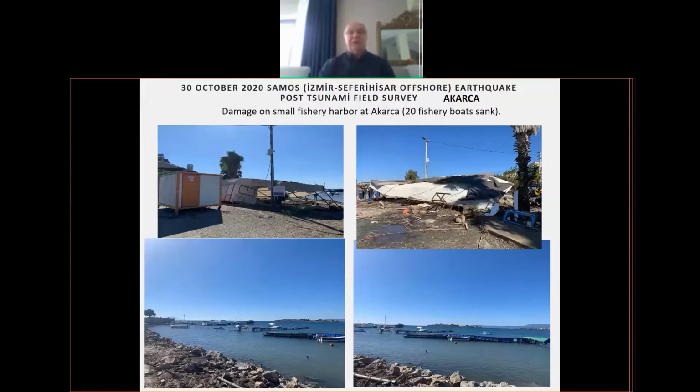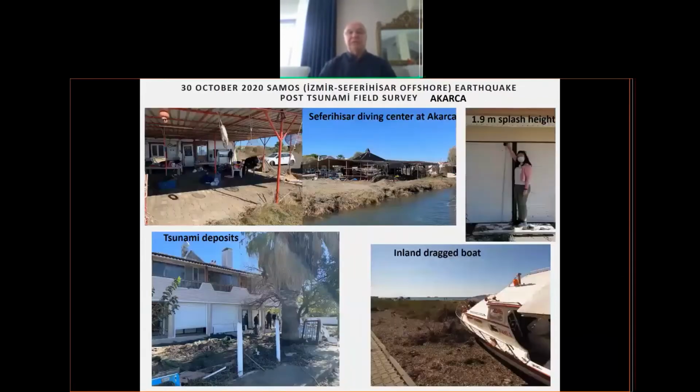The Seferihisar diving center, Akarca, was the most hit location, and the water level was 1.1 meters splash height near the house in the location. The other photographs show the tsunami deposits and also inland dragged boats.